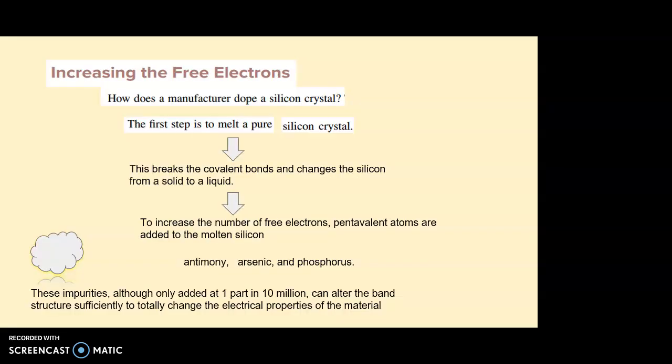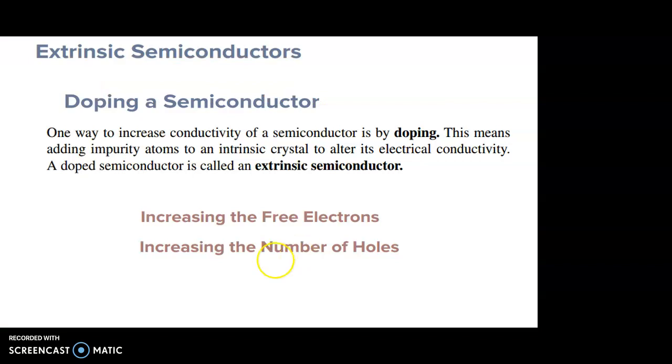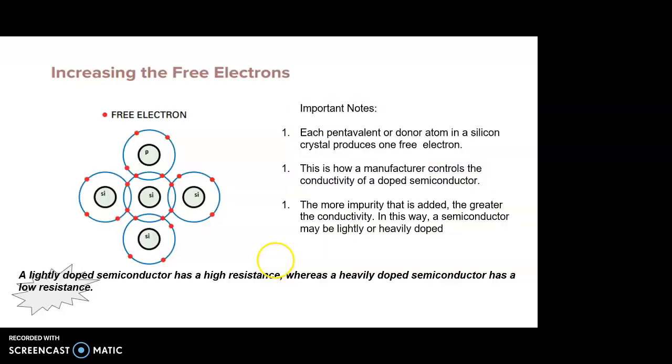That is the advantage of making your pure semiconductor an extrinsic semiconductor. And the process of adding impurities is what is known as doping.